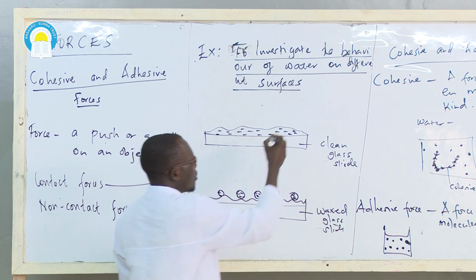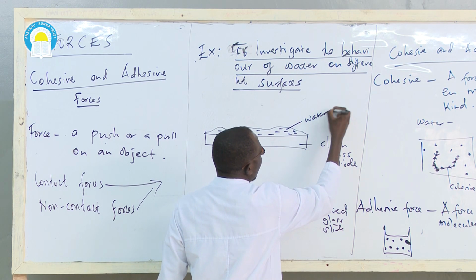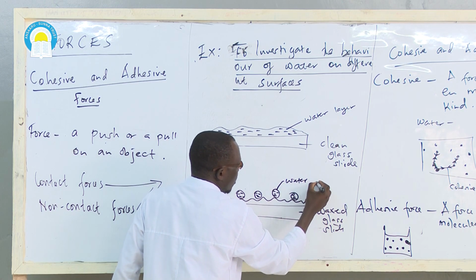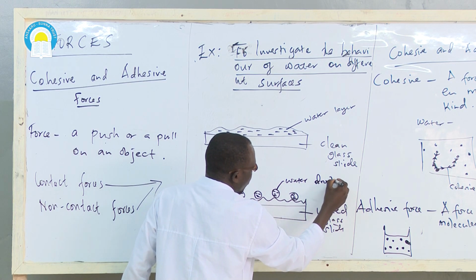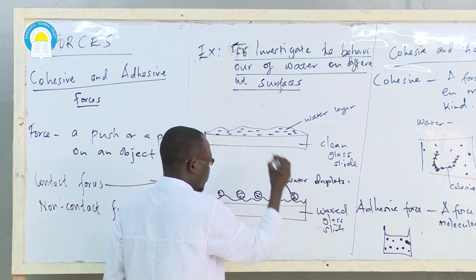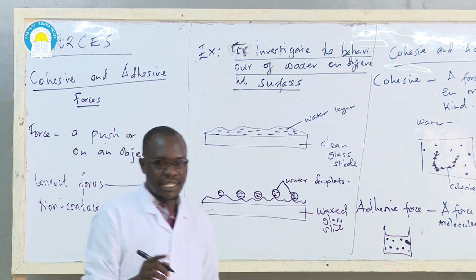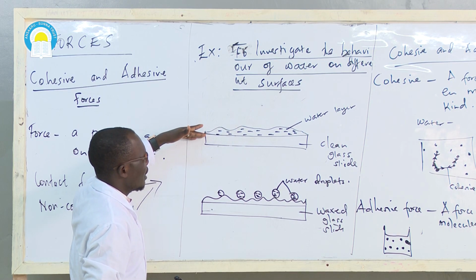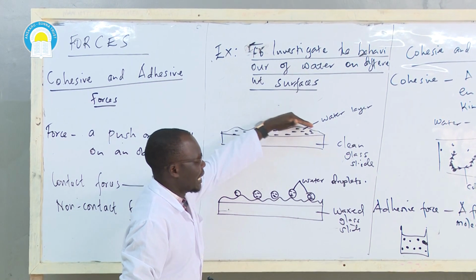From the diagram, this is a water layer, and these are water drops, water droplets. So on a clean glass slide, we can notice that water covers the glass surface.